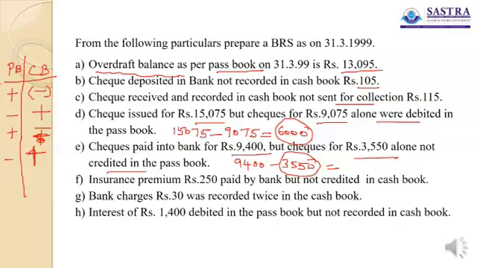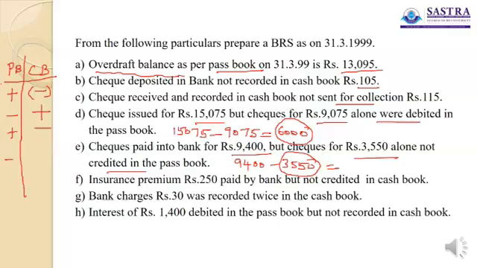So what might have been credited? The difference between these two. See here, 9,400 out of which 3,550.